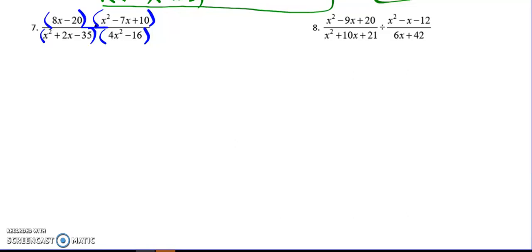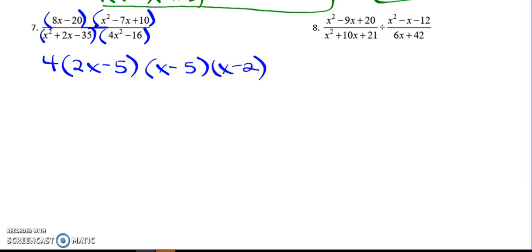Go straight into it. So top left, take out a 4, and I'm going to have 2x minus 5. On the top right, x squared minus 7x plus 10 turns into x minus 5 and x minus 2. Bottom left, x plus 7, x minus 5.